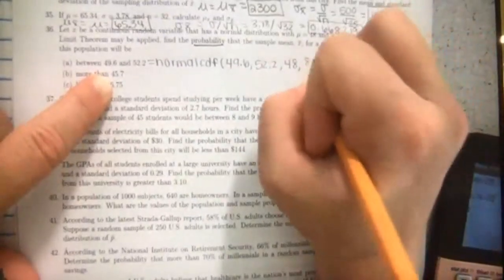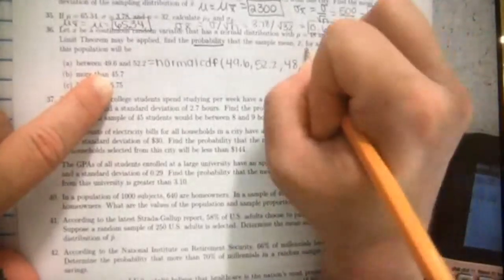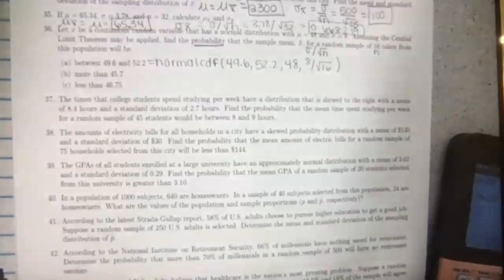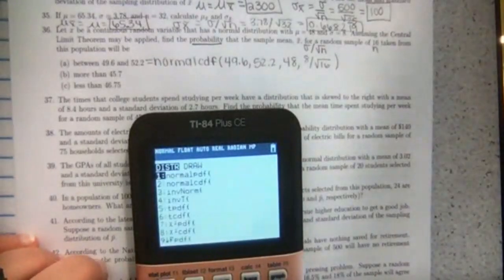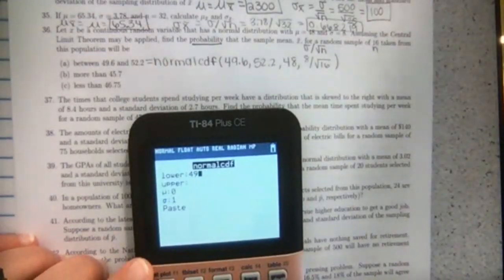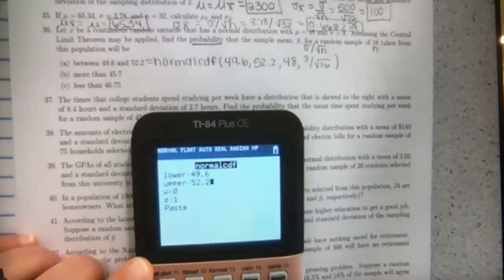Here's what's different, though, is our standard deviation. Remember, our standard deviation is sigma over the square root of n. So we have 8 divided by the square root of 16. Because we have a sample, we have to take that extra step on this problem. So second VARS, normal CDF. Our lower limit's 49.6, our upper limit's 52.2.